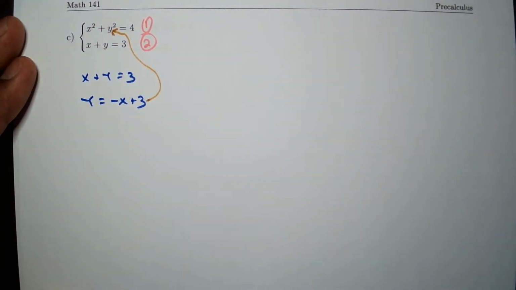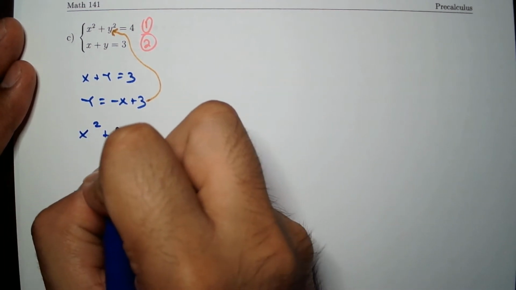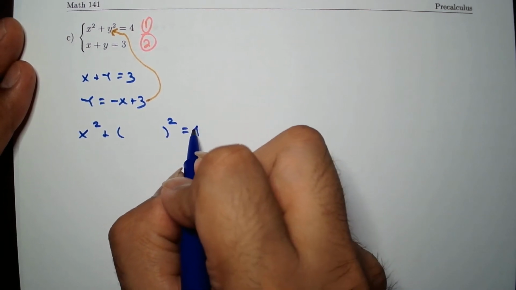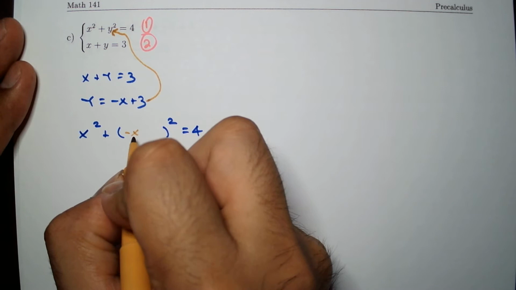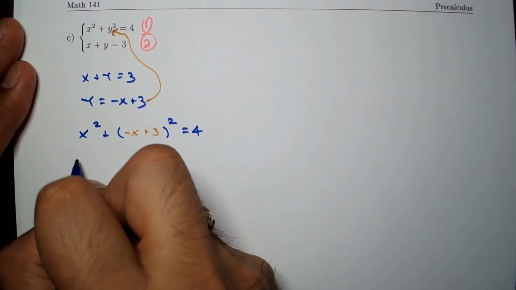Alright, so we're going to go like x squared plus y squared, which is x squared plus negative x plus 3 squared, equals 4. Okay, and we're going to square the binomial.